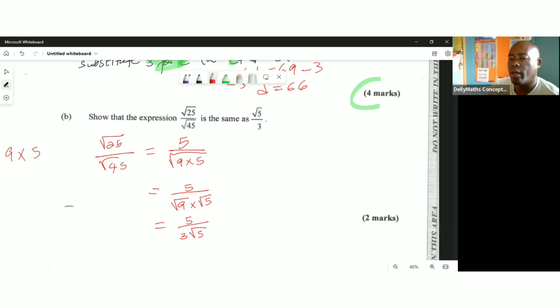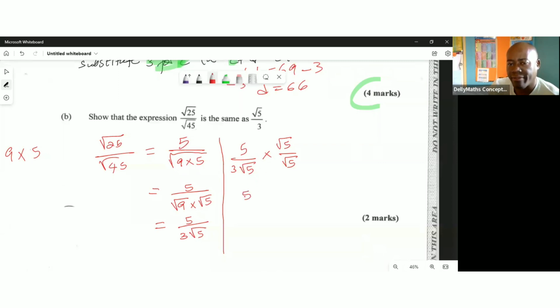Now, remember we want to rationalize this. So in rationalizing this, let me write it here, 5 over 3 root 5. If we want to rationalize this, then we're going to multiply top and bottom by the root of 5. Now, when we do that, what's going to happen?